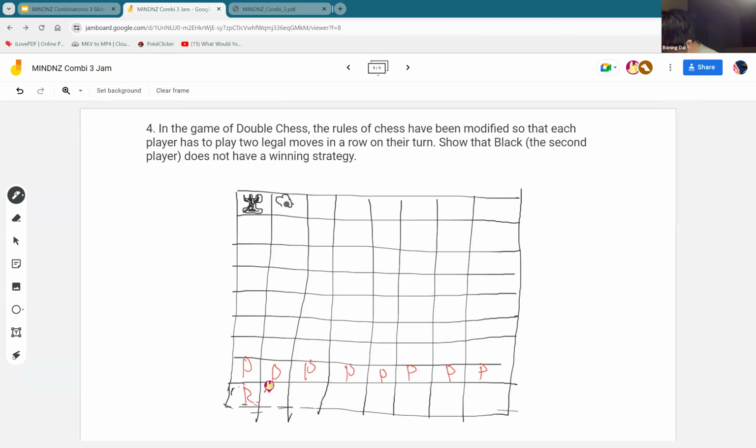Wait, this is just a unicorn. Yeah, that's good enough. That's not what a bishop looks like either. Man, this is too hard. Okay, anyway, you gotta do it properly.